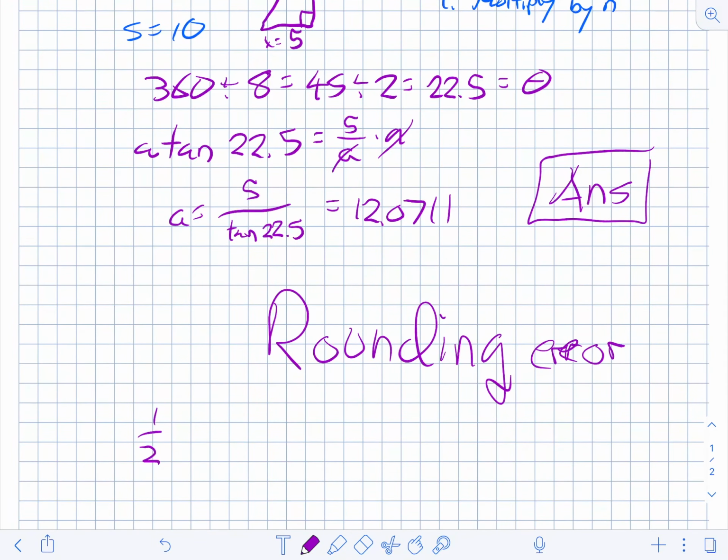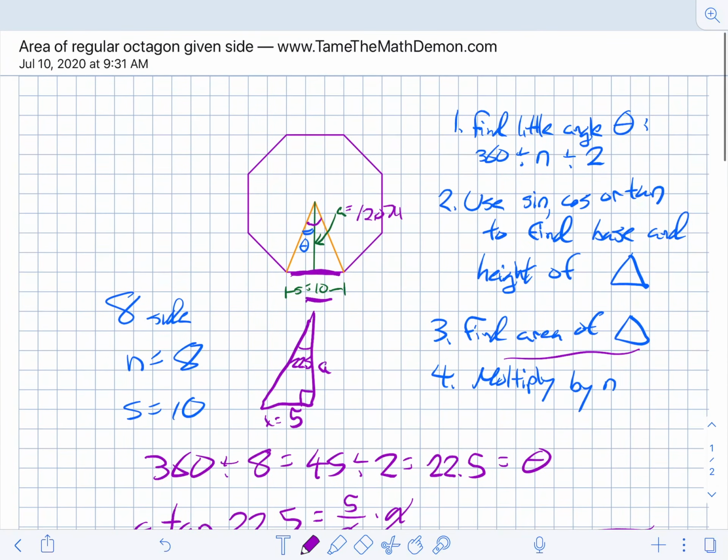And that's just 1/2 times base times height. And plugging that all in, that's about 60.3553. That's the area of one of the triangles in here, but there are 8 of them in this octagon.